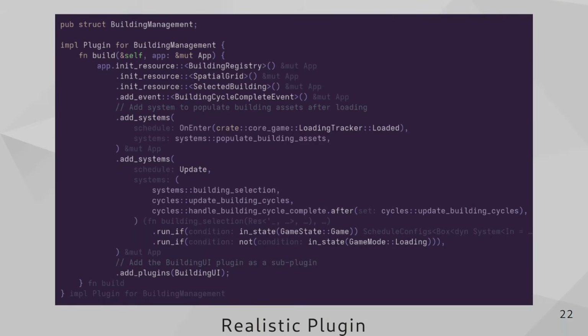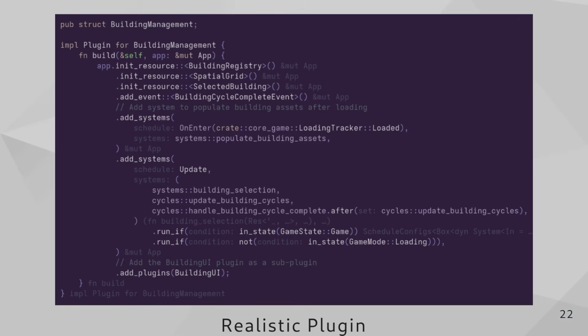When the game is on enter and the loading tracker is loaded, we populate building assets. So I didn't have to schedule how things are loaded or when things are loaded. It's just like, hey, when this is done, we start doing this. And we have our updates where we update our buildings and cycles, and we add all of this. And here, you'll see something very interesting at the end. We add a building UI plugin.